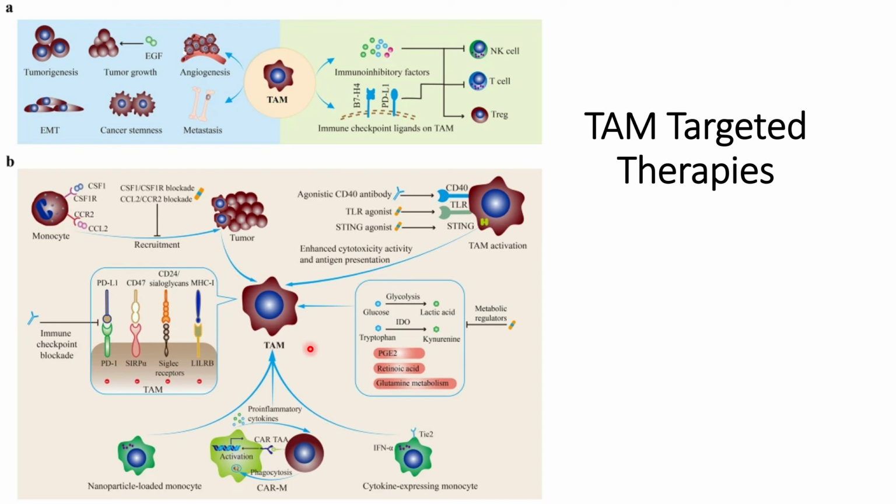Apart from this, whenever the monocyte is differentiated into this TAM, the tumor-associated macrophage, it will also generate immune suppressor agents.